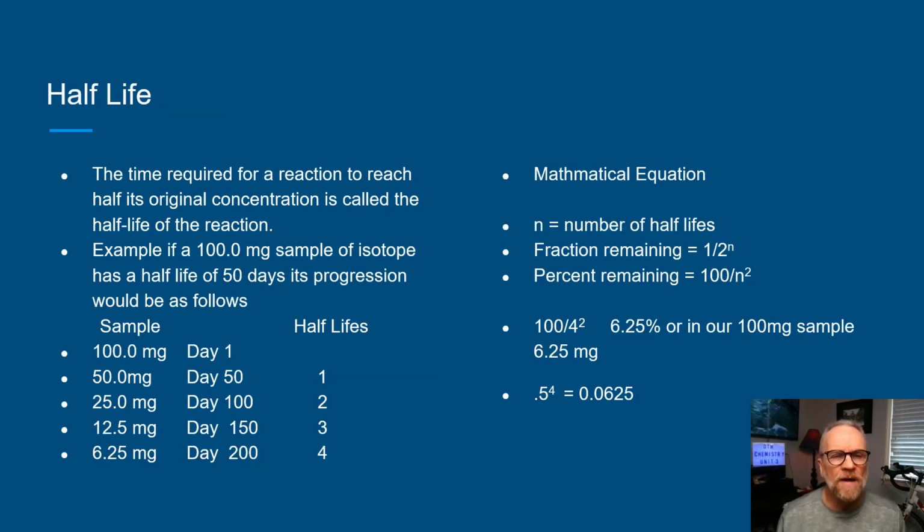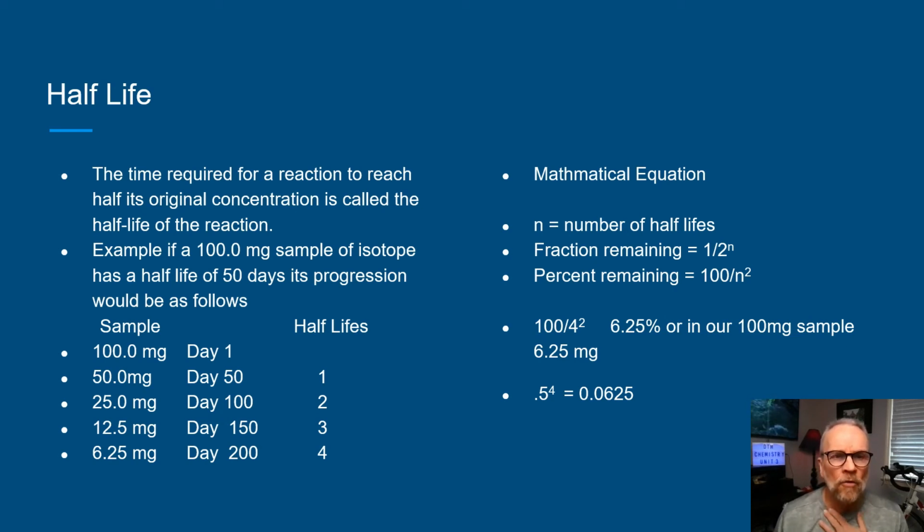Okay, so here we have another topic of half-life. When you have this nuclear degradation or nuclear reactions occurring, you also lose mass. Mass is converted into energy, and it does so in a predictable fashion, and we call this a half-life.